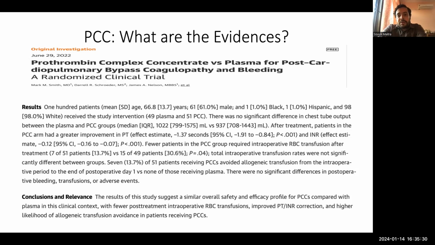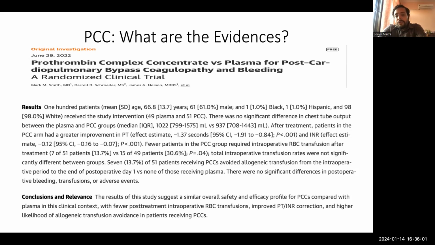Randomized control trials in this scenario are scarce. With an extensive search, I have only come across this randomized control trial, published last year. It was conducted in post CPB patients. It was found that though the use of PCC was associated with greater improvement of the PT and earlier normalization of the INR, all the other clinical outcomes were not improved.